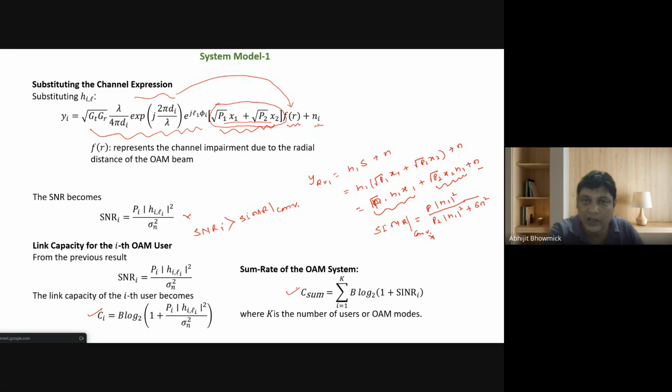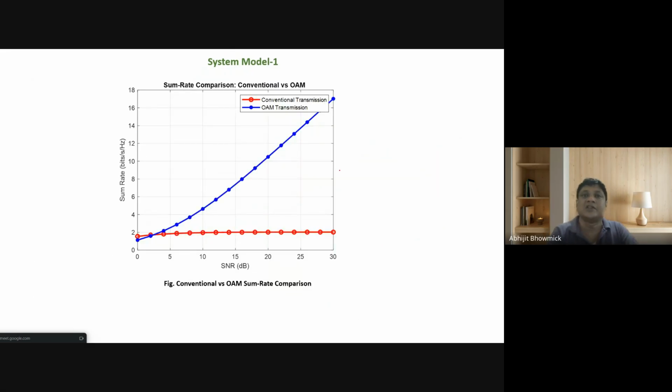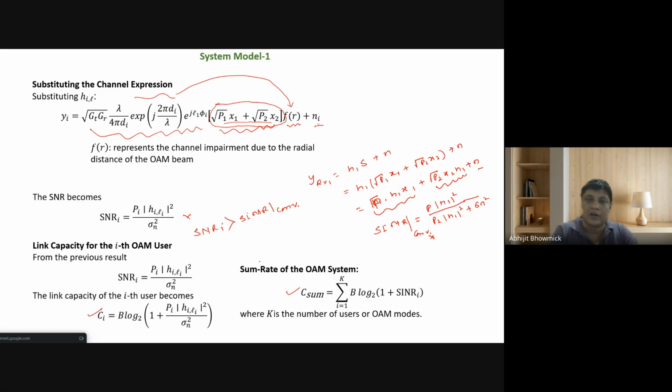One result is given for the conventional transmission system and wave transmission. With increasing SNR, both are increasing, the link capacity and sum rate for conventional and wave transmission. Sum rate means basically the data rate of user 1 plus the throughput of user 2. That is called sum rate.